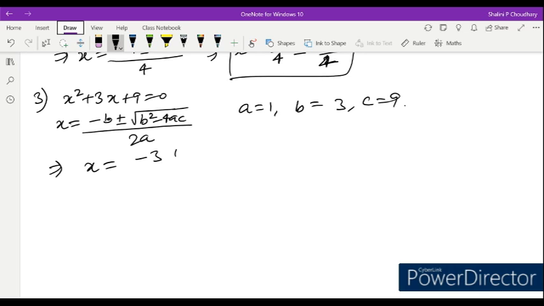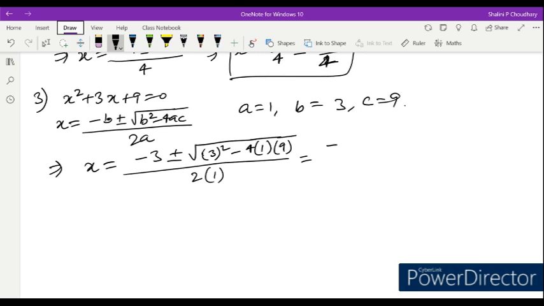Minus 3 plus minus square root of b square, मतलब 3 का square, minus 4 into a into c, c का value is 9, divided by 2 into a, a का value is 1. Okay, so we'll get minus 3 plus minus square root of 9 minus 36 divided by 2.